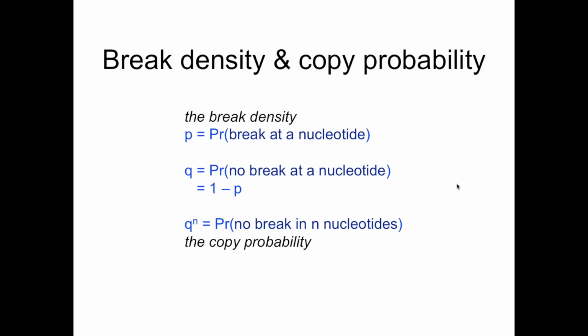So the value of Q to the N is the probability that no break is seen across the entire fragment in N nucleotides. And that's the copy probability. What's the chance that we can copy through this fragment? So you see it depends on the break density, P, because Q is 1 minus P. It also depends on N, the length of the DNA fragment.